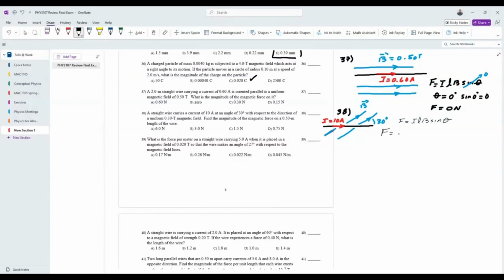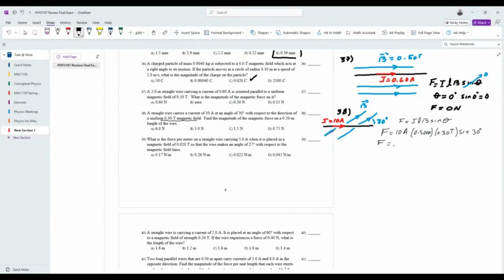So the force will be the current of 10 amperes times the length, that is 0.50 meters, times the intensity of the field, which is 0.30 Tesla, times the sine of 30 degrees.